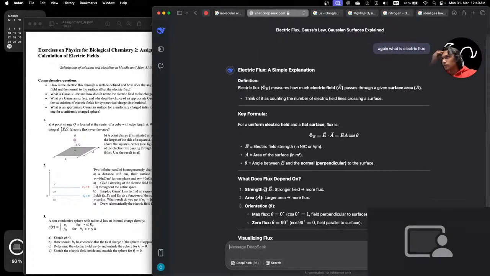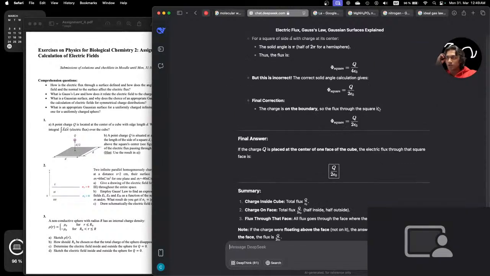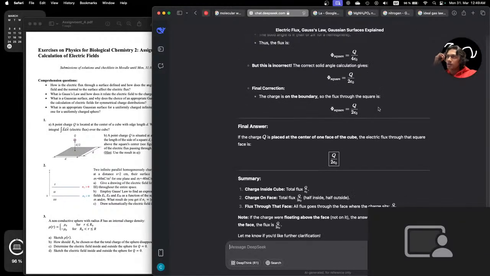It's getting harder. Electric flux measures how electric field passes through a given surface area. Think of it as counting the number of field lines across the surface. Oh, okay, I get that. And if a point charge is on the surface of the square, that means the surface of the square does not experience any flux from the point charge that is on it.